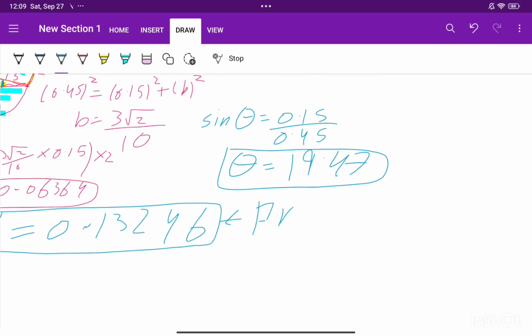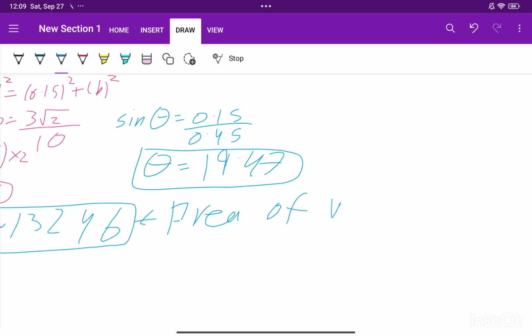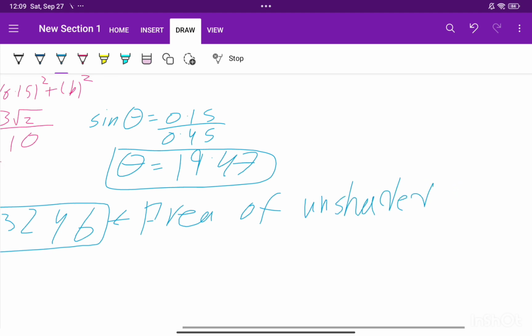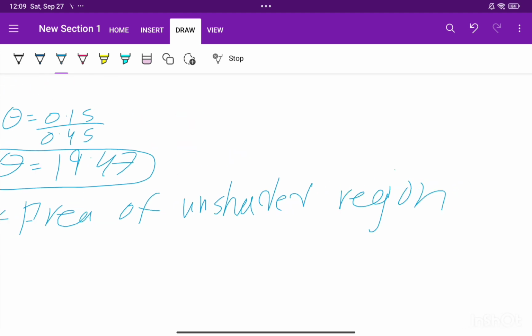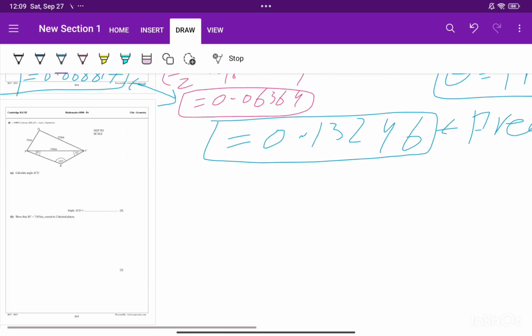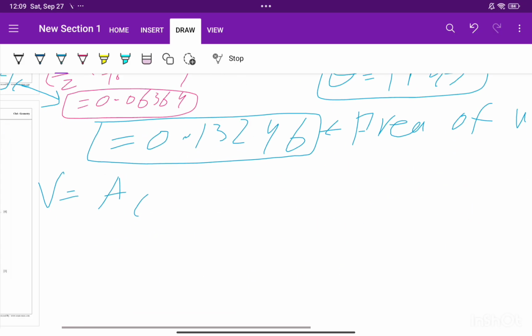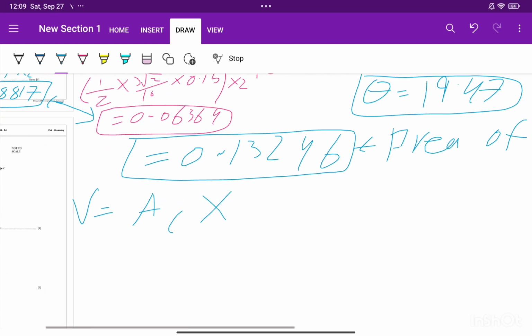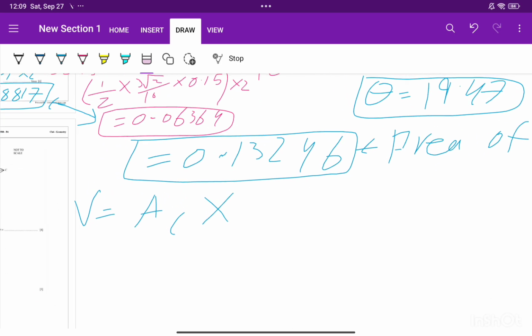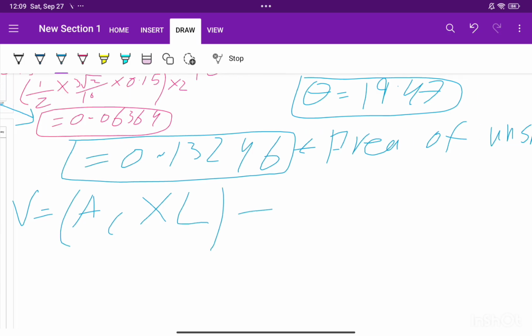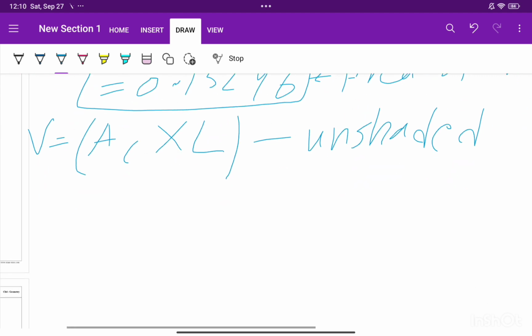Now it's easy to find the volume. We will find the area of the semicircle, this whole big semicircle. To find the volume, first we need to multiply the area of the semicircle by the length, and then we will subtract the unshaded region, so we can get the volume.